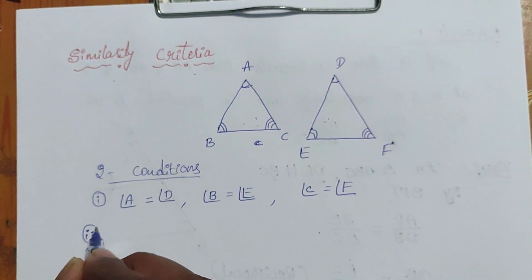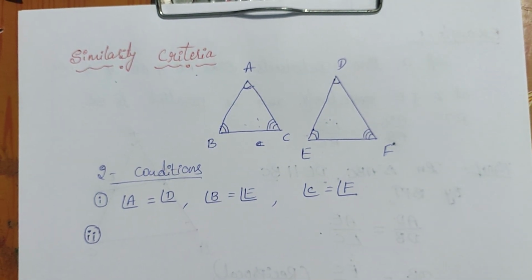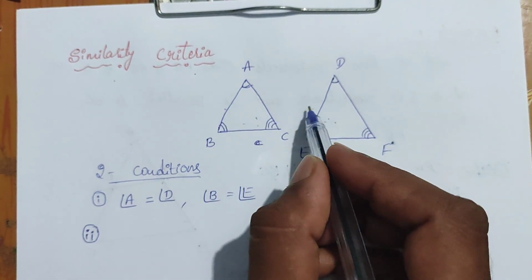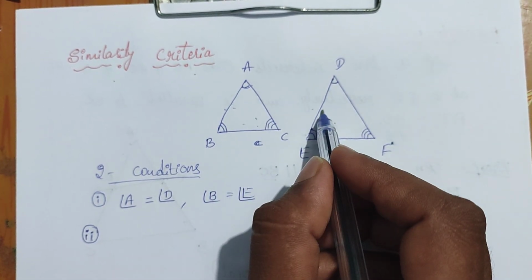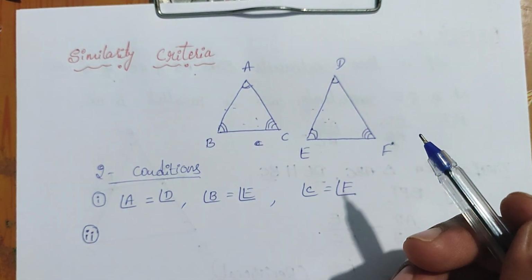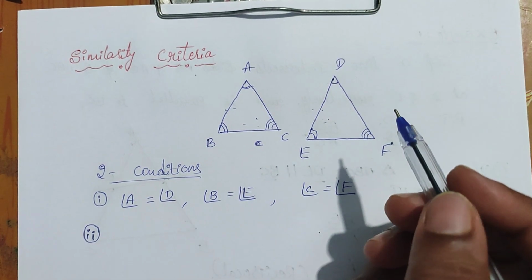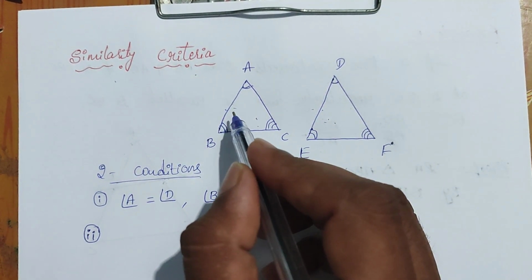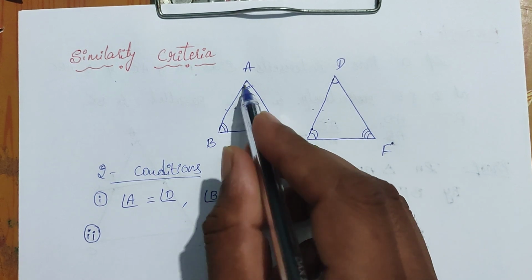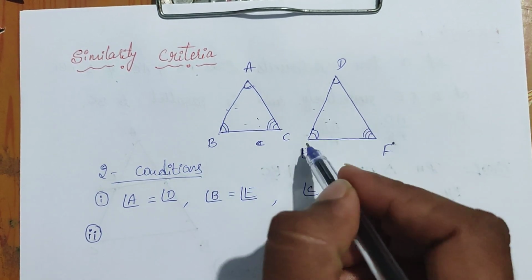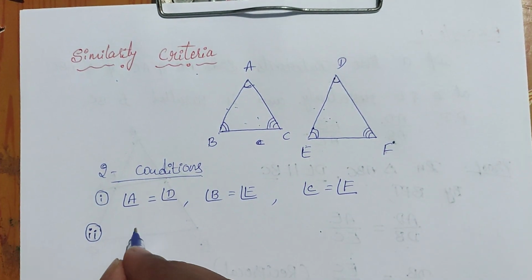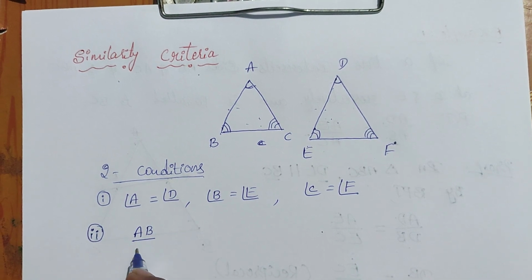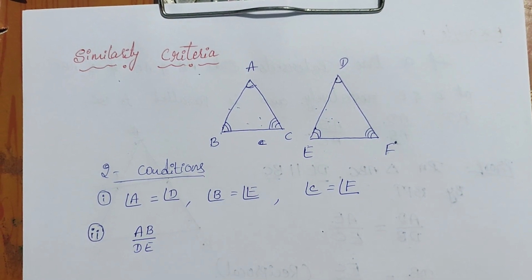And the second condition is that corresponding sides must be in the same ratio, or this can also be stated as the ratio of corresponding sides are equal, or they are in the same proportion. That is, for AB, DE is the corresponding side. Ratio means we have to write AB divided by DE.